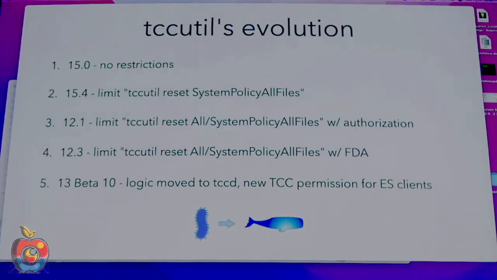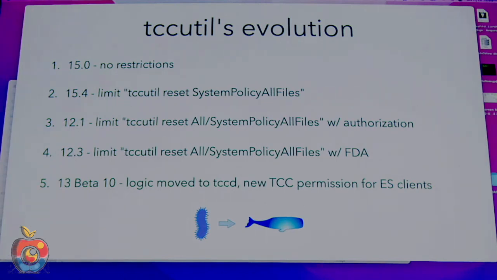So how did tccutil evolve over time? In Catalina, when endpoint security came out, tccutil had no restrictions. Then at 15.4, tccutil started to limit the use of the SystemPolicyAllFiles commands.